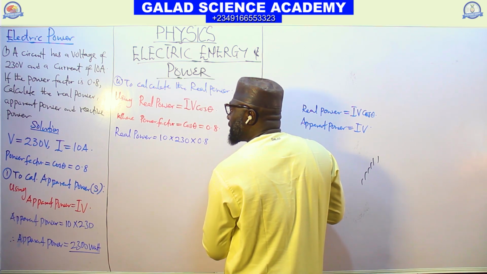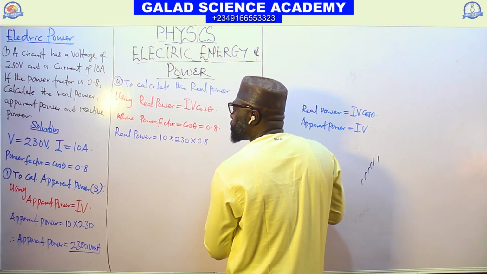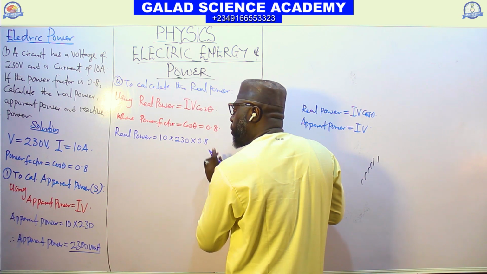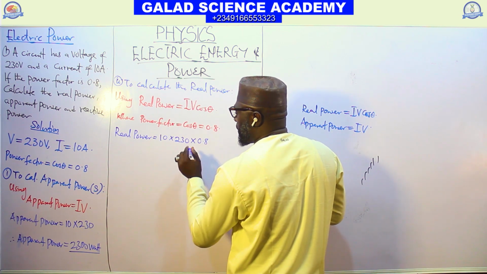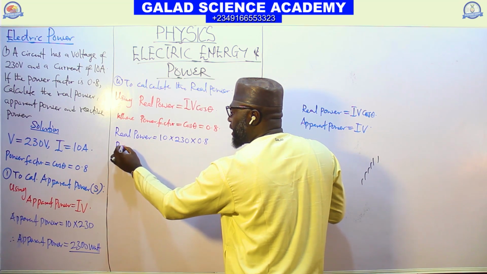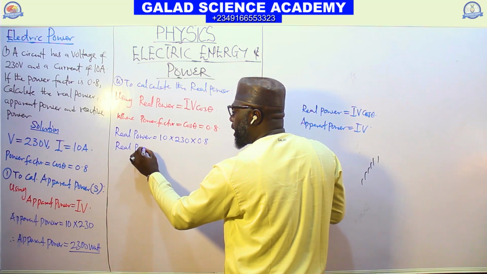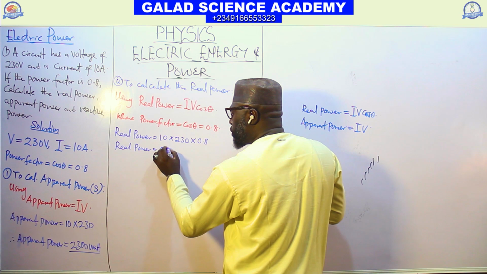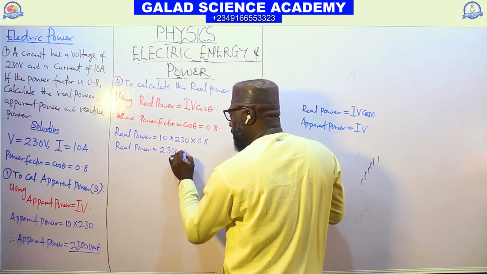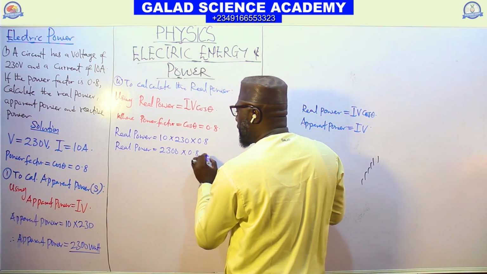So by pressing the calculator, real power should be 2300 multiplied by 0.8.